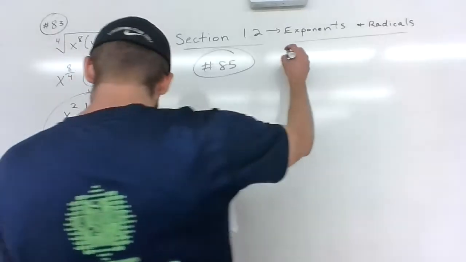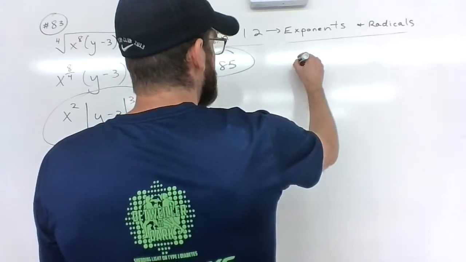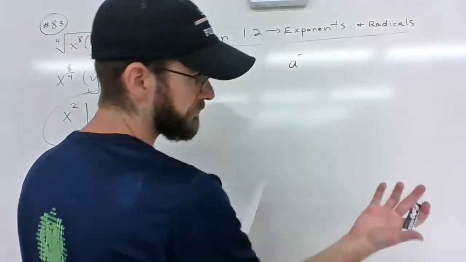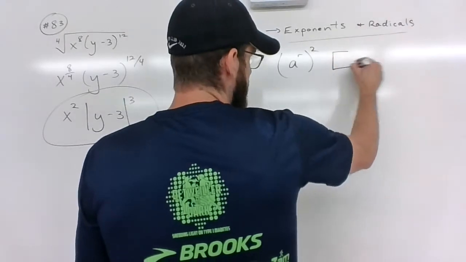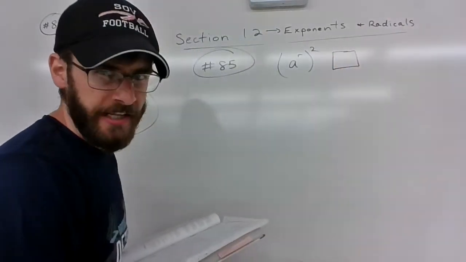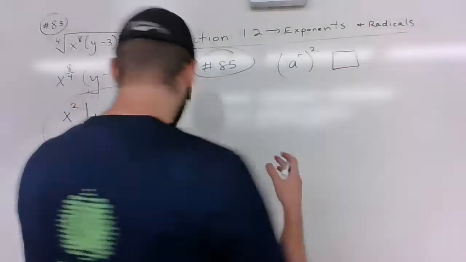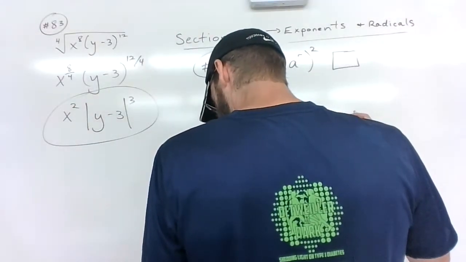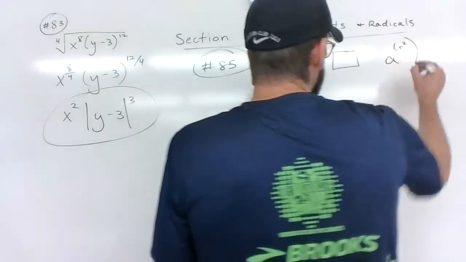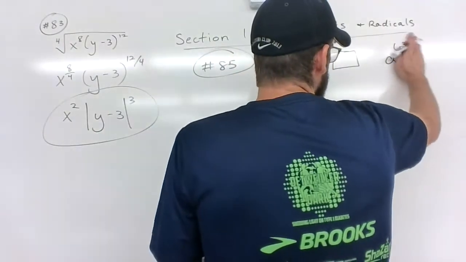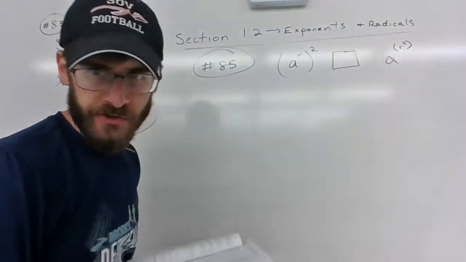So in 85, you've got a to the r power, squared. And they're saying, do we put an equal there or a not equal to for all situations? This is a to the r squared. So they're saying the whole power is r squared.